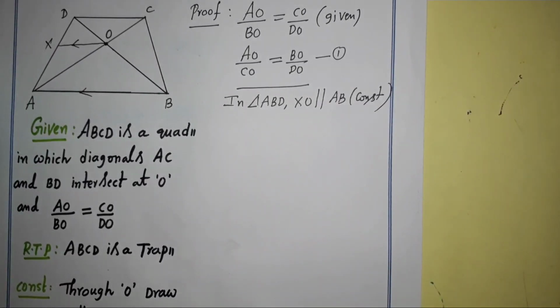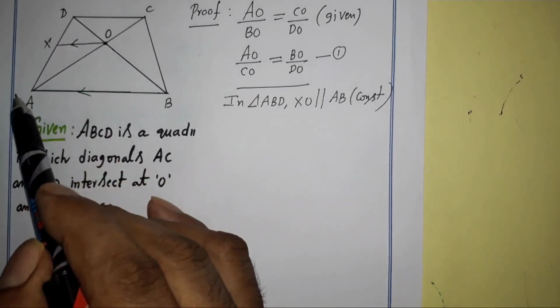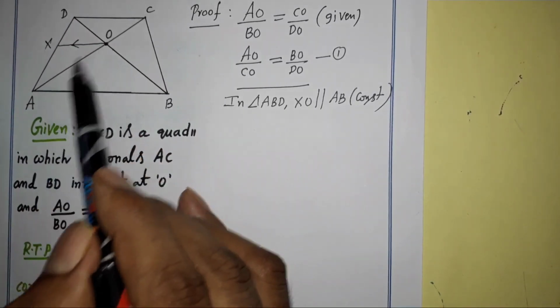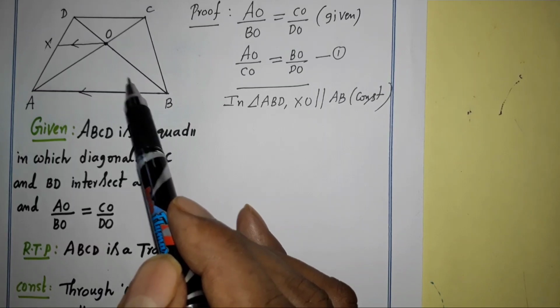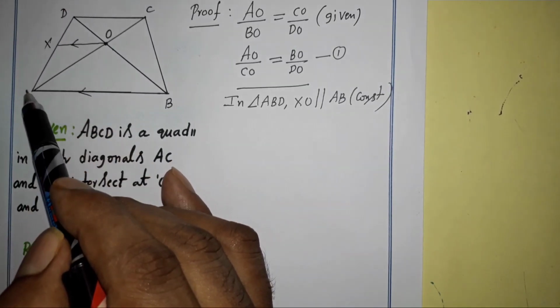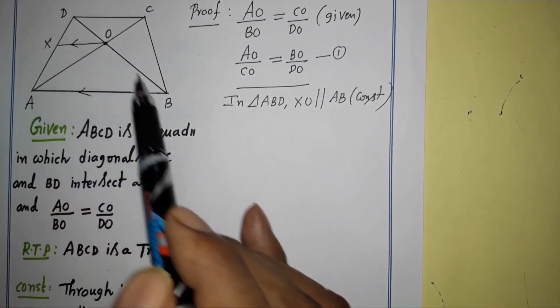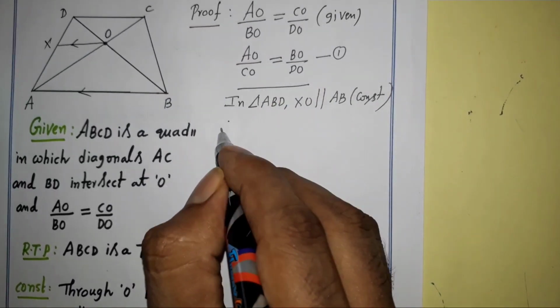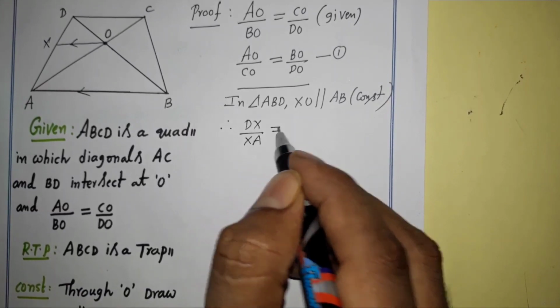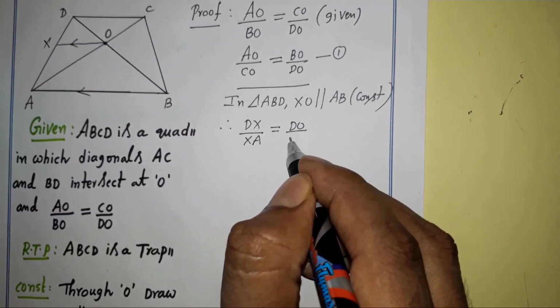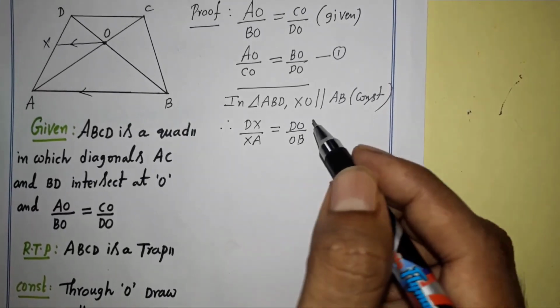Now in this triangle ABD, if XO is parallel to AB, then from the basic proportionality theorem we can write DX by XA is equal to DO by OB.